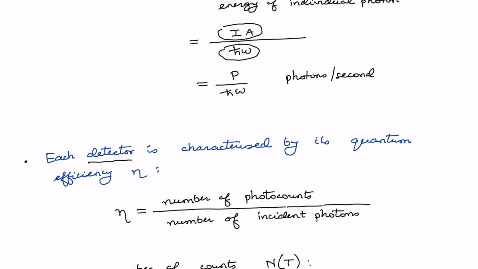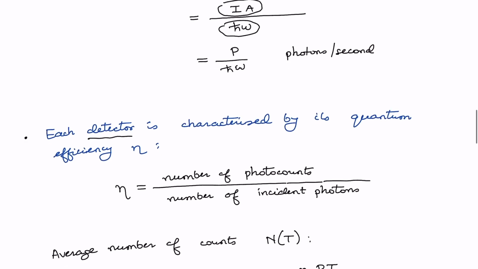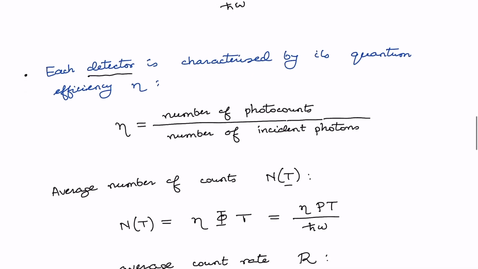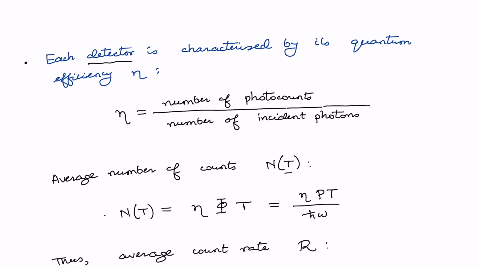Therefore, the average number of counts registered by the detector in a counting time, which the experimentalist has already said is capital T, is the average number n of t, which you can work out simply by multiplying the quantum efficiency with the photon flux and the time interval T.